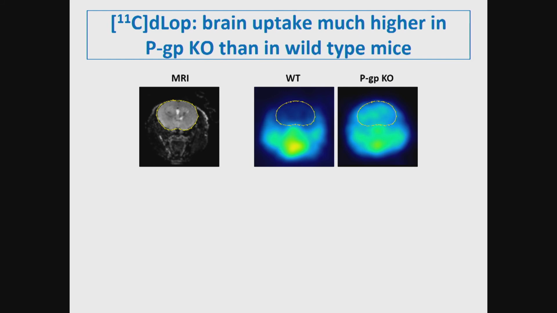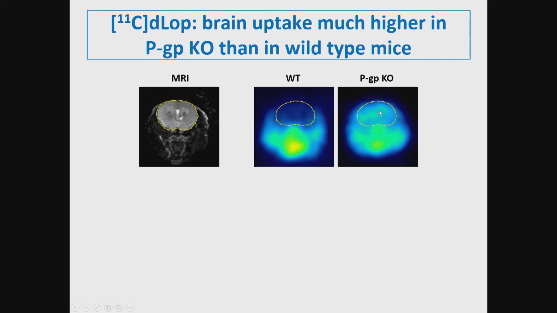So we wanted to measure the function of this efflux transporter, and we made a radioactively labeled loperamide. It was the D, which doesn't have a methyl group on it. For various reasons, it's better. And you can see that in a normal brain, in a wild-type brain of a mouse, there's no uptake in the mouse brain.